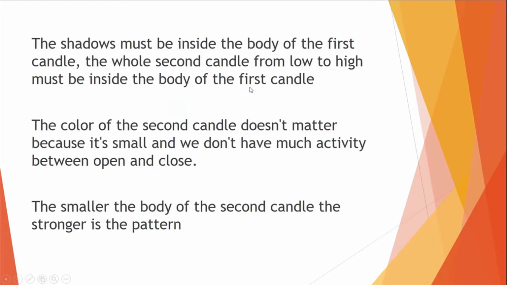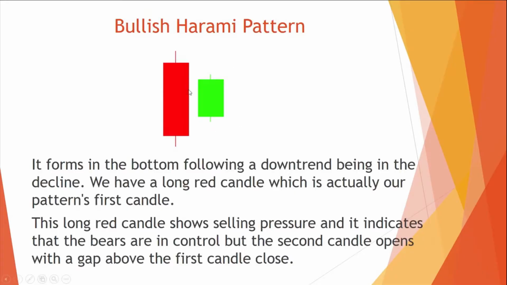The shadows must be inside the body of the first candle. The whole second candle from low to high must be inside the body of the first candle. So this one here, everything should be within the body of the first candle to make a bullish Harami pattern.